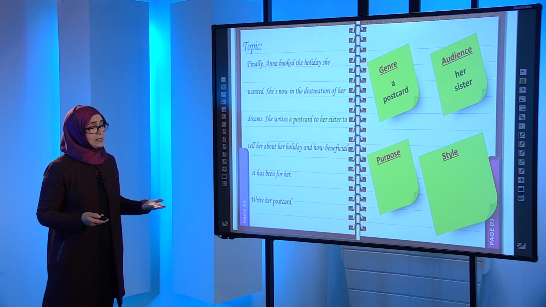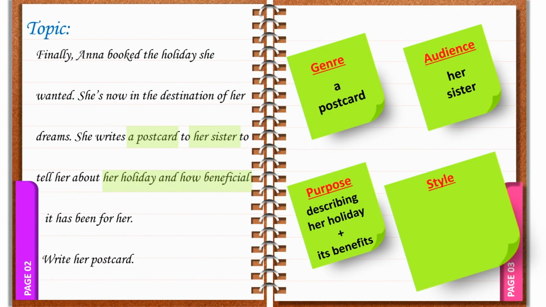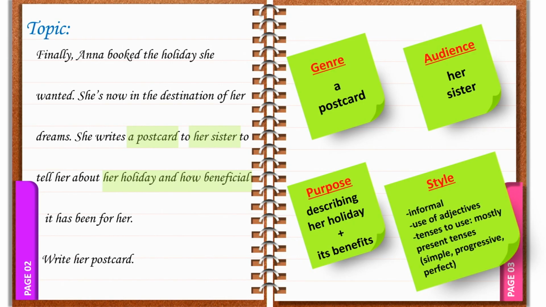For which purpose? Yes, she's writing to describe her holiday and the benefits of her holiday. Now, when we identify these 3 parts, we can decide which style we will adopt. So our style will be informal, because it's an informal letter, in fact.